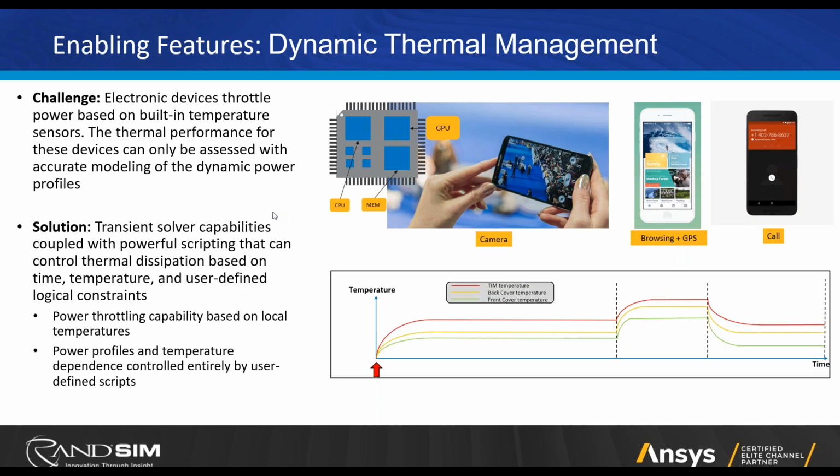Let's say you were just simulating independently, maybe a cell phone with browsing and GPS active, but you never simulated it after a long call in which the phone had got hot. You may be underestimating the initial amount of heat that the phone was starting at. So this is very powerful, and it can be automated to a high degree.